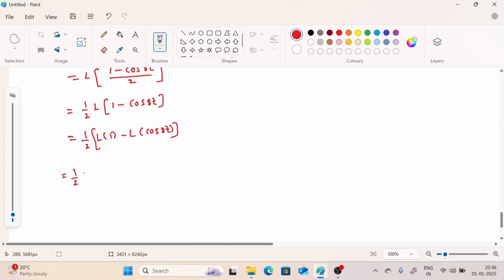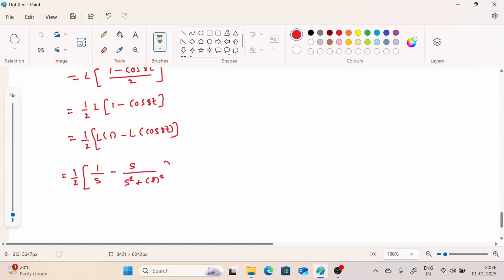Now it is 1 by 2 Laplace of 1 minus Laplace of cos 8t. Laplace of 1 is 1 upon s, and the formula for cos at is s upon s square plus a square.